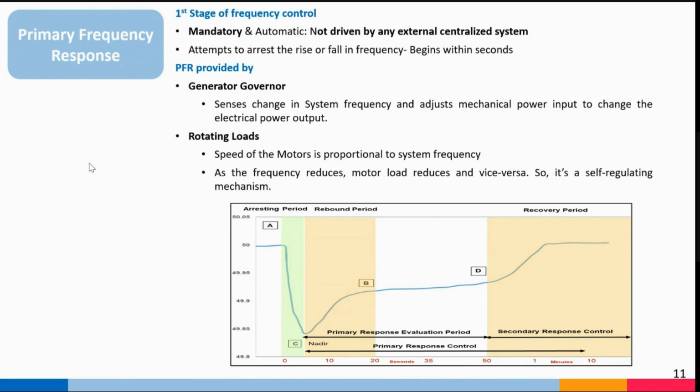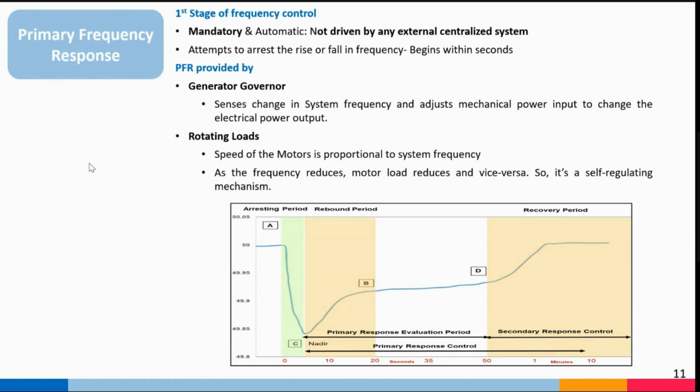Let us say a generator has to provide the response. It will provide the primary response by using the excess steam that is already there prior to the governor valve. By opening the valve, steam is suddenly put into the system, so that the active power generation of that particular unit can be increased.